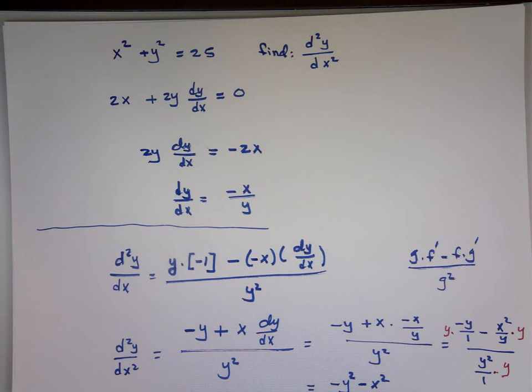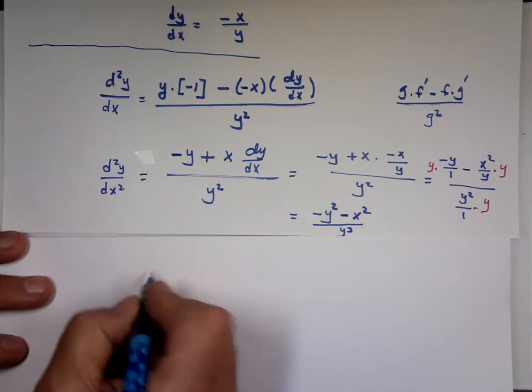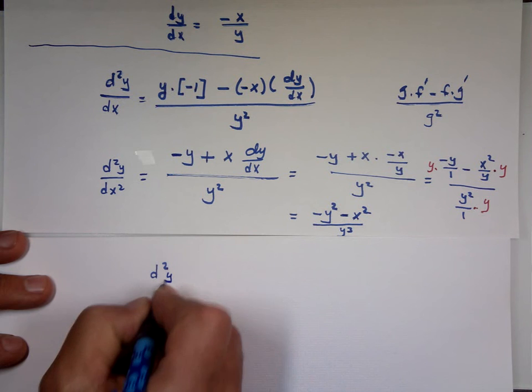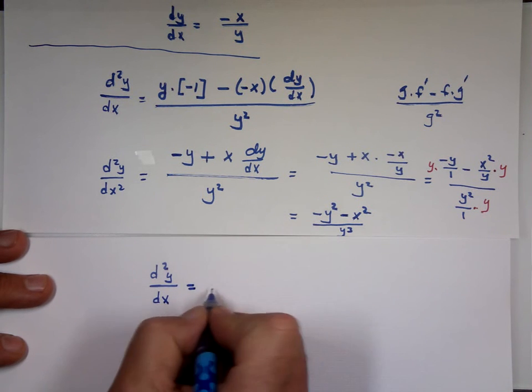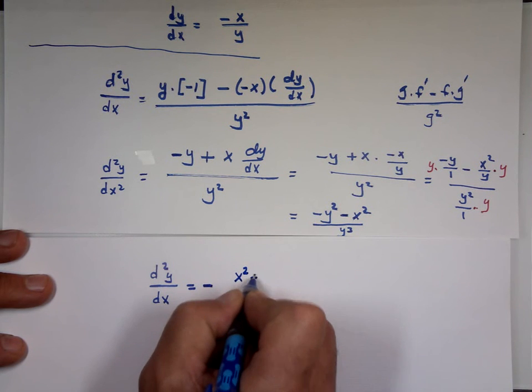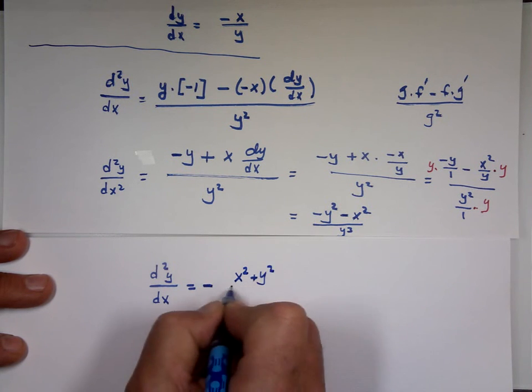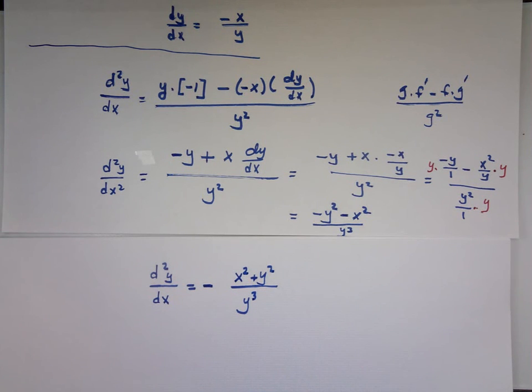Could I simplify that even more? Look at that answer. You can take a minus sign out of the top, right? If you take out a minus, you'll have x squared plus y squared, or y squared plus x squared. I just took a minus sign out of both of these.